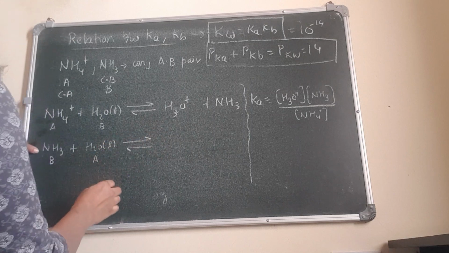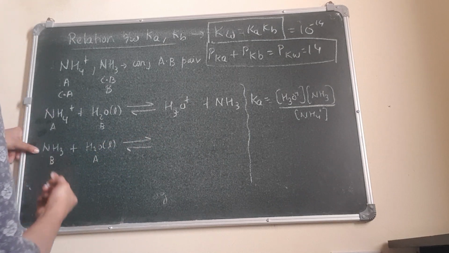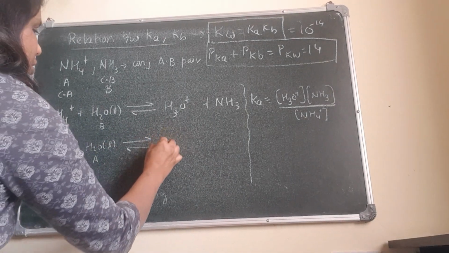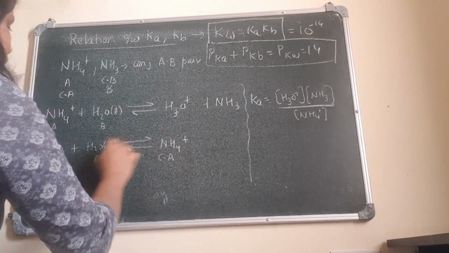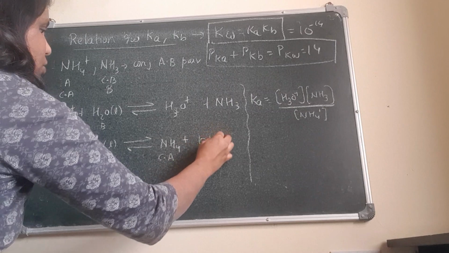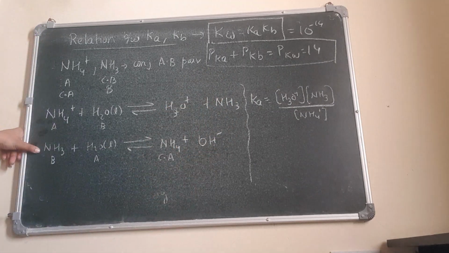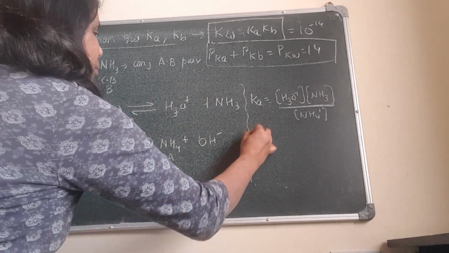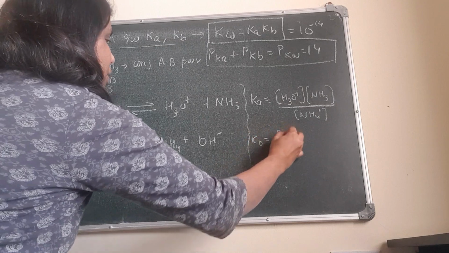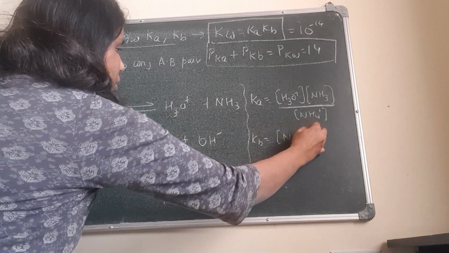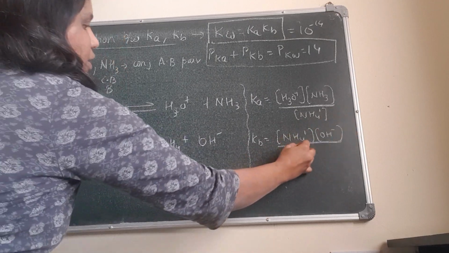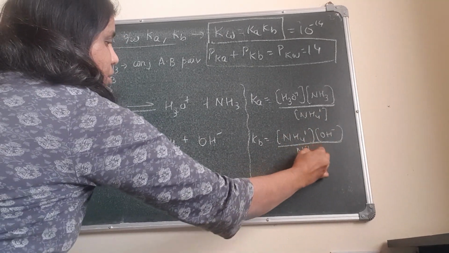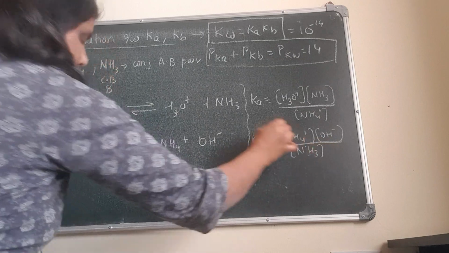Ammonia, when it accepts a proton, gets converted into ammonium ion, so this is its conjugate acid, and the other loses a proton, so it is my conjugate base. And what will be the Kb for this? Kb will be the concentration of the products, OH minus and ammonium, divided by the concentration of the reactant, which is ammonia here.